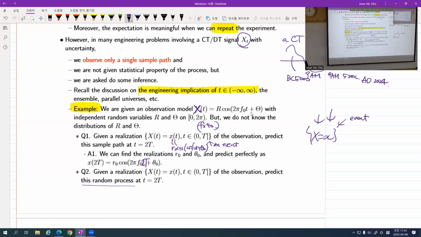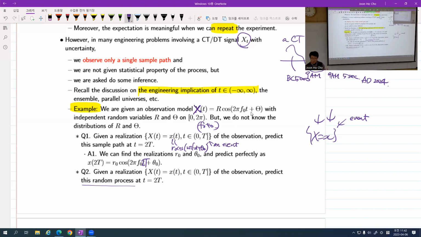However, if I slightly change the problem like this, without literally interpreting that plus minus infinity, I may assume that, as we engineers, negative infinity may mean 9 a.m. every day, and positive infinity may mean 9 a.m. plus 5 seconds every day. Now, I may be asking you that you have observed today the realization of the random process for 5 seconds.